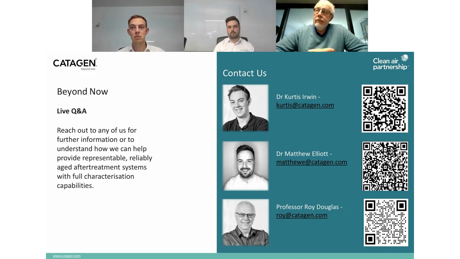But we do have the Catagen catalyst kinetic model, which effectively allows us to then predict what the tailpipe emissions may be from a test profile. And I think the really nice thing is that we have the Omega reactor, which now has the drive cycle capabilities to recreate that great repeatable and reproducible drive cycle data that we can actually use to feed into the kinetic model and allow those predictions to get better and better over time.